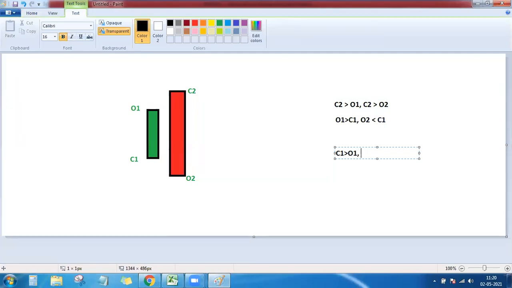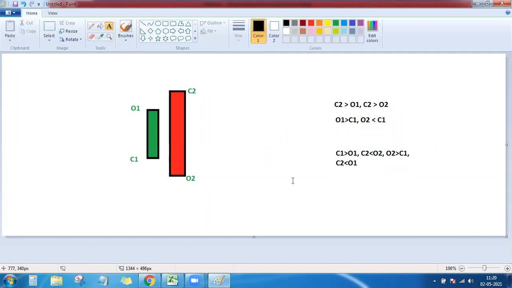It means C2 should be less than O2. Then there should be a gap up opening on the second day. It means O2 should be greater than C1 and it should close below the opening price of the first candle. So C2 should be less than O1. This will signal the bearish engulfing pattern.